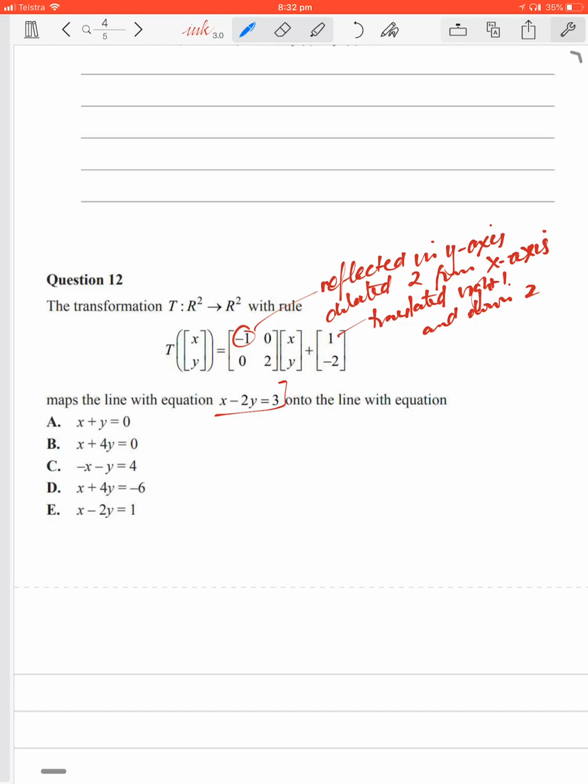Okay, so I'm just going to transpose this equation. I get 2y is equal to x minus 3, so I get y equals x on 2 minus 3 on 2.